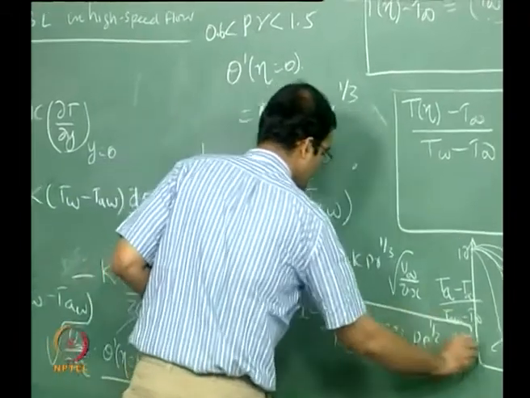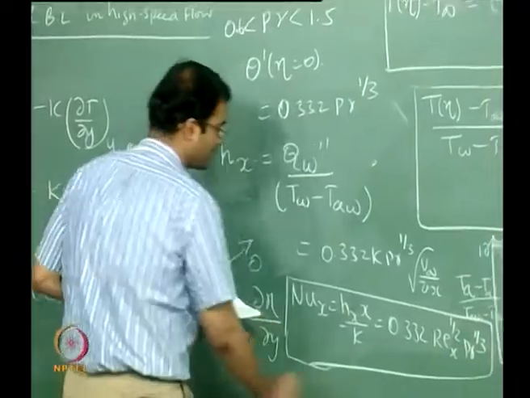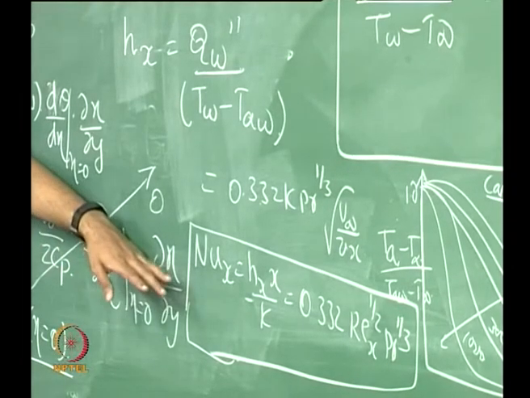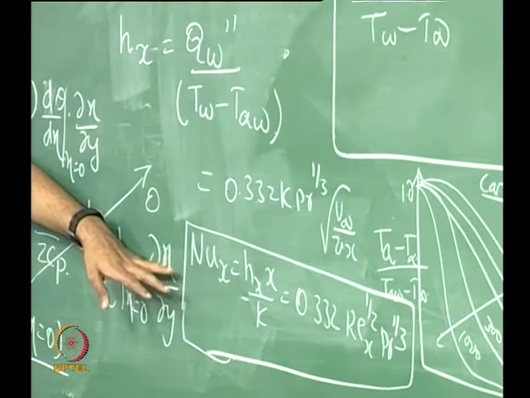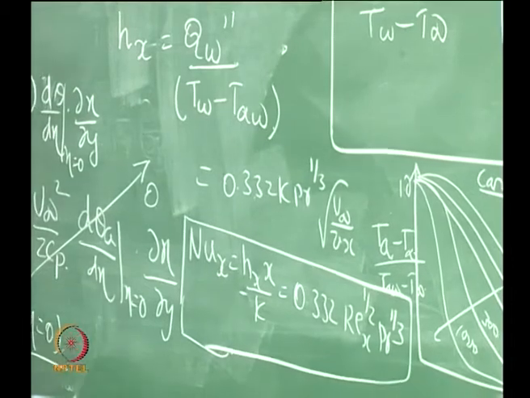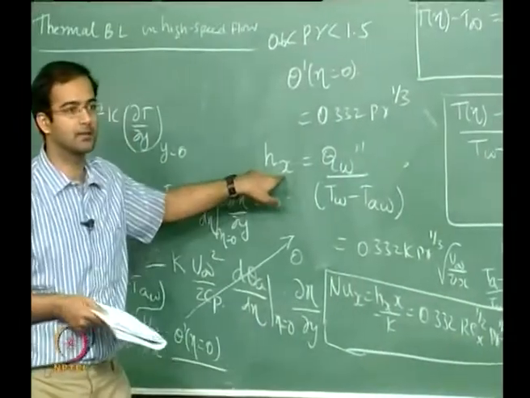Okay. So now you see the Nusselt number relation is exactly identical to the flat plate case, which is isothermal. There is no difference. Okay, but the definition of heat transfer coefficient is different.